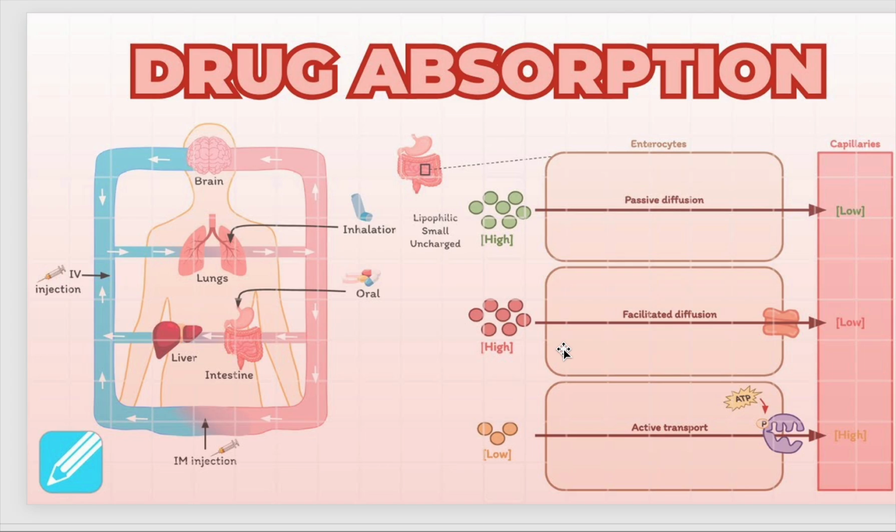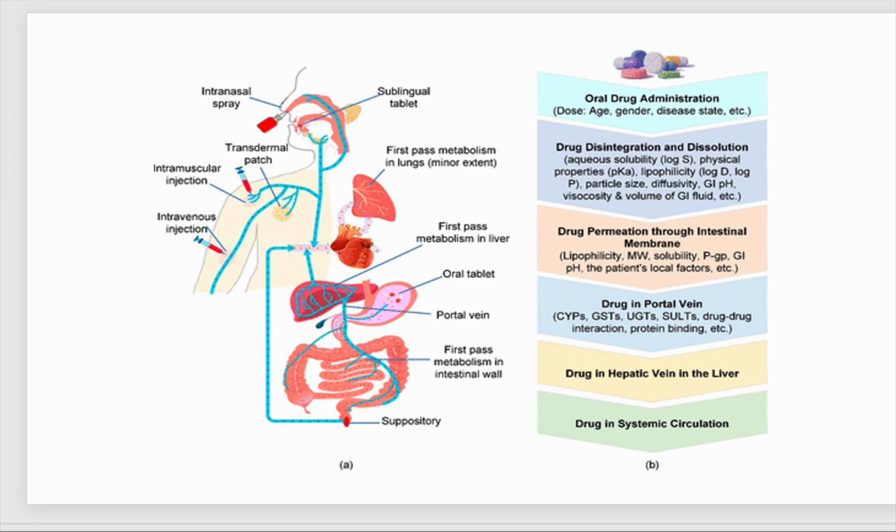They require specialized channels like porins or transport membranes and transport proteins. They are also diffused from higher concentration to lower concentration. In active transport, the drug is taken from an area of low concentration to higher concentration, against the concentration gradient, with the help of ATP. This is basically what happens.